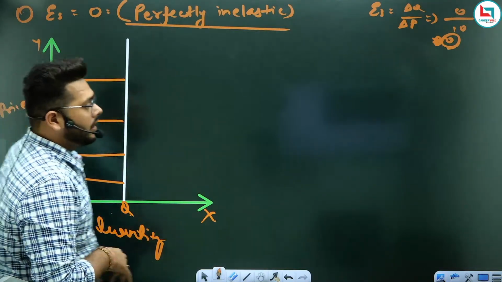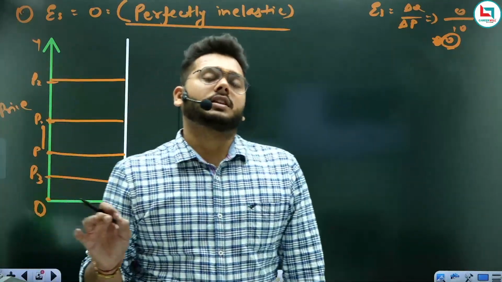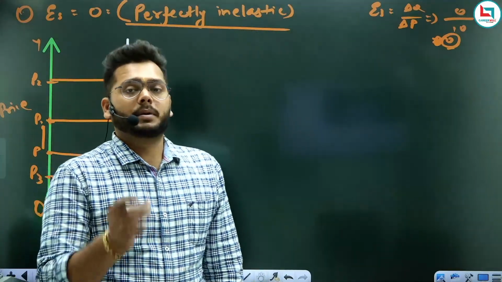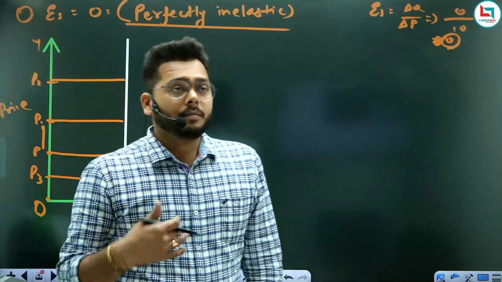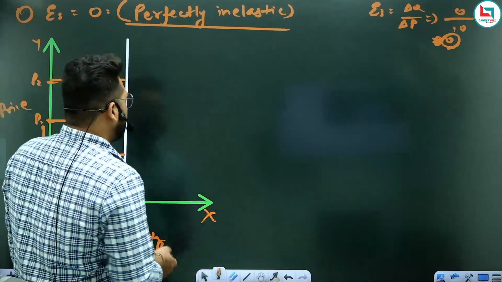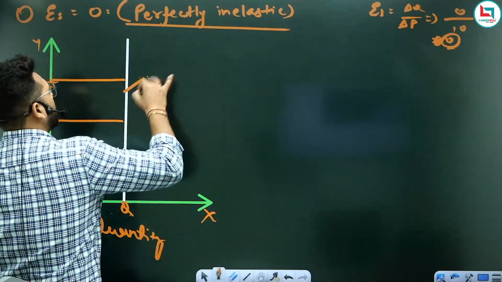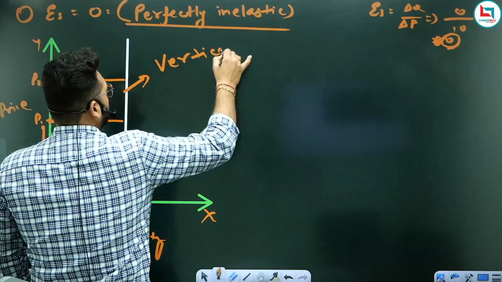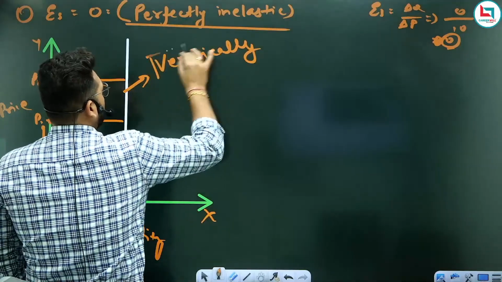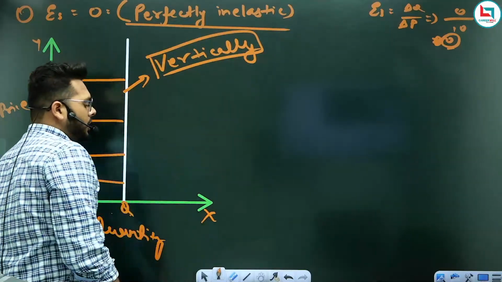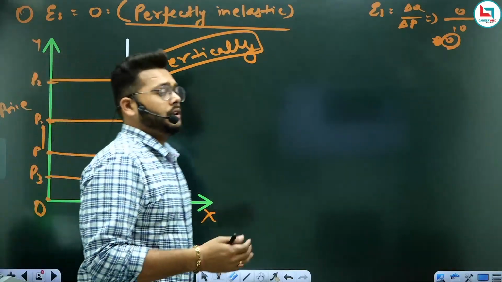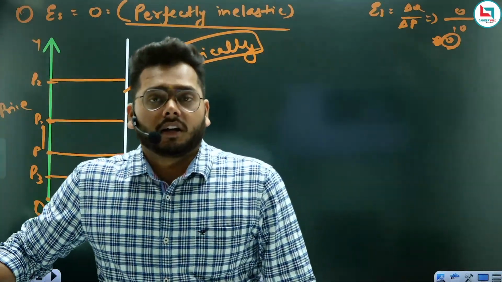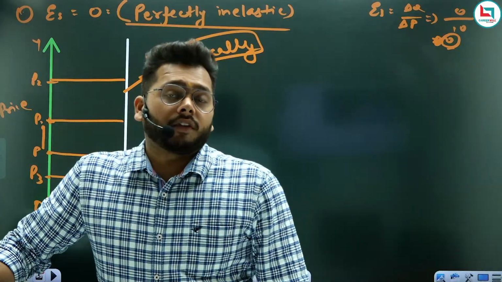There is no change in the supply of the commodity, only a change in the price. This is called perfectly inelastic, and the curve is vertical. In an examination, a question may be asked: what will be the shape of the curve when supply is perfectly inelastic?